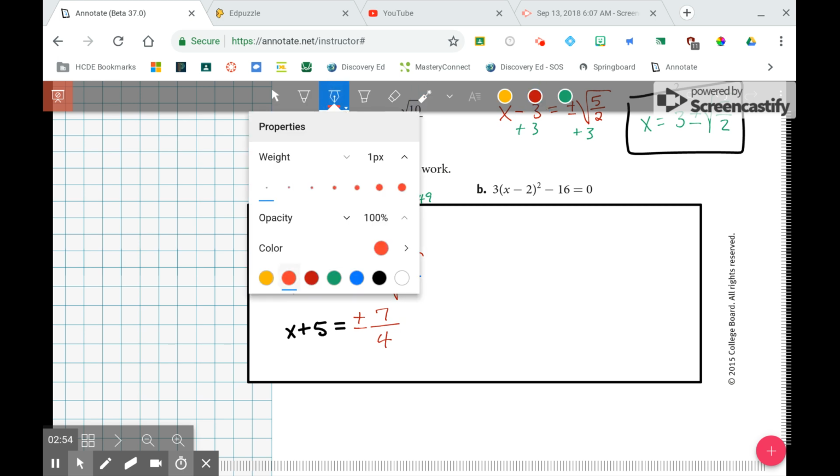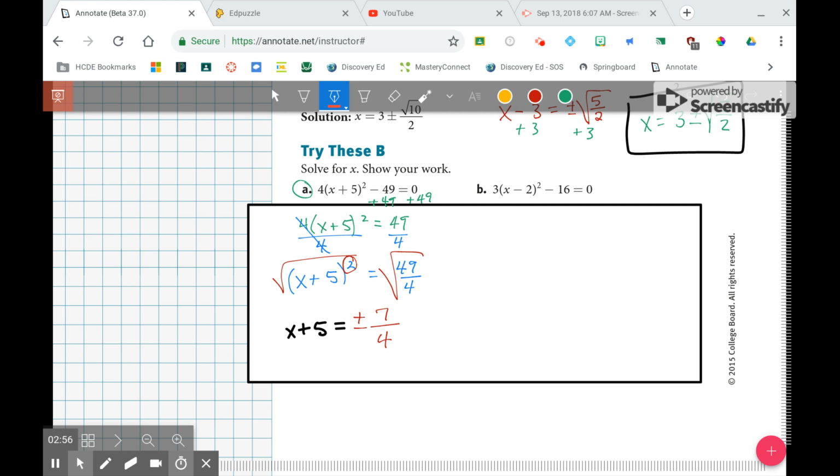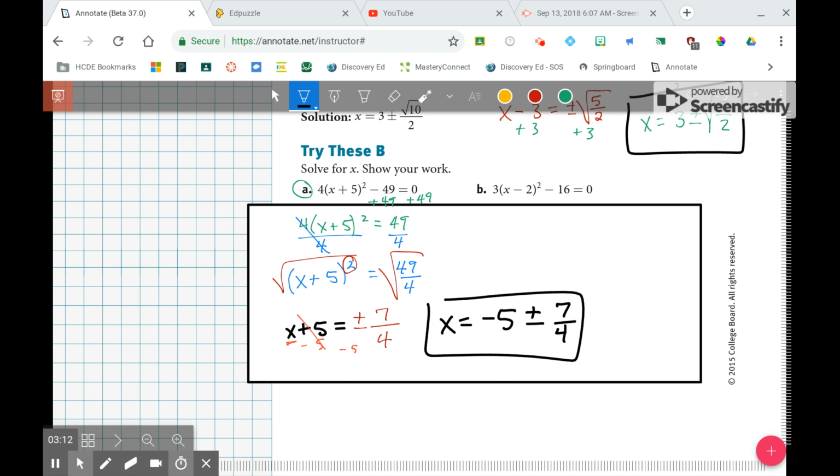All we have to do now is just move over this positive 5 so we can get x by itself. So we're going to subtract 5 on both sides. So our final answer is x equals, just go and put minus 5, then put the plus or minus 7 over 4. So this really represents two values.